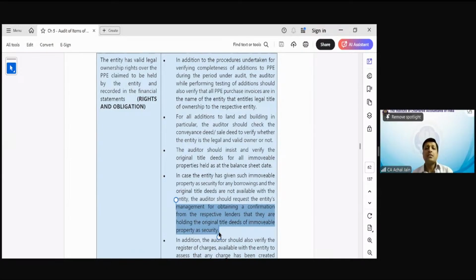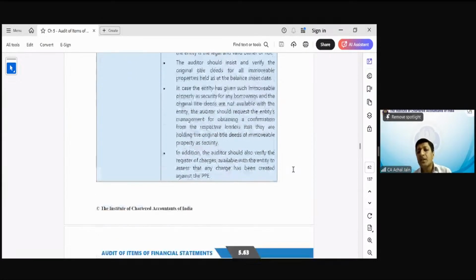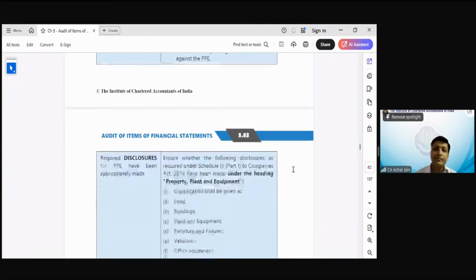So in such a case, this confirmation has to come from the bank that yes, they are holding the original title deed. So the auditor will look at the photocopy available with the company, and the auditor will also obtain the confirmation from the third party, just to ensure that yes, the title deed is there. And that is good, even if it's physically not there.